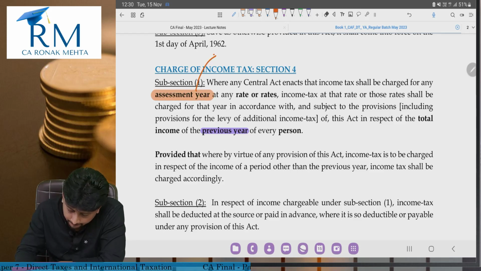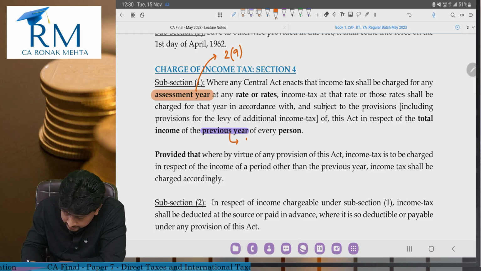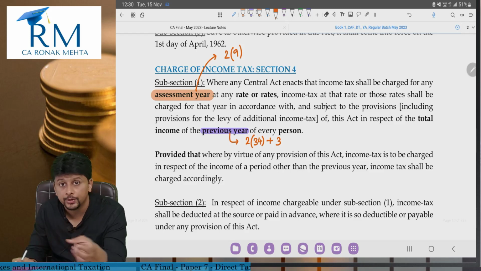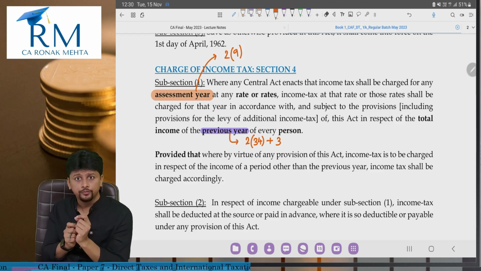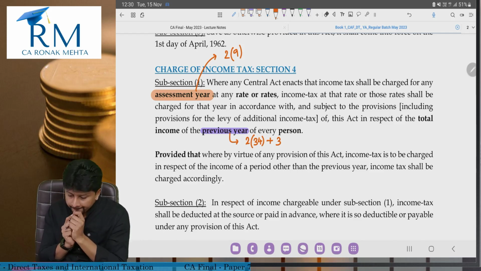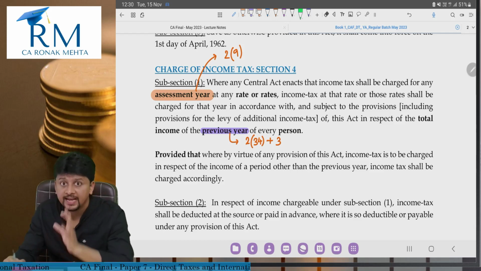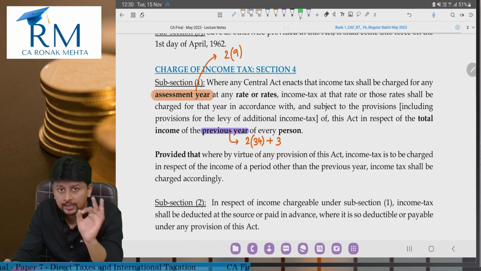Assessment year defined in section 2 clause 9. Previous year defined in 2(34) and section 3. But they are used in section 4, and when we analyze and read section 4, we actually understand the meaning of the two terms. Where any central act enacts that income tax shall be charged for any assessment year.